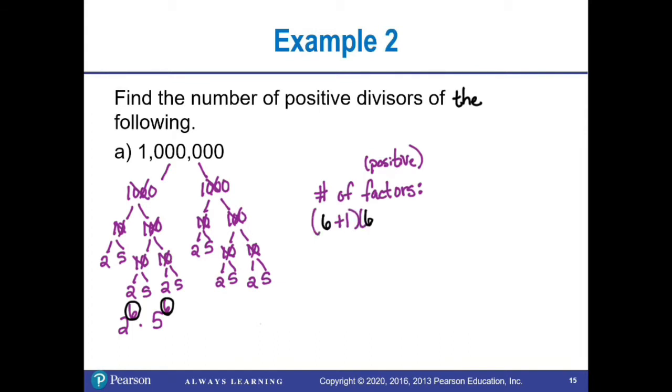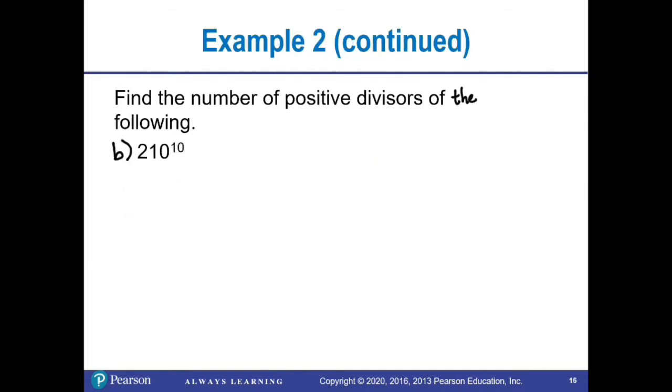The second power is 6, so again I have 6 plus 1. 6 plus 1 is 7, and 7 times 7 is 49. This tells me that if I were to list every positive factor of 1 million, I would have 49 numbers in that list. Now don't worry, we're not going to ask you to list all 49 factors of 1 million.